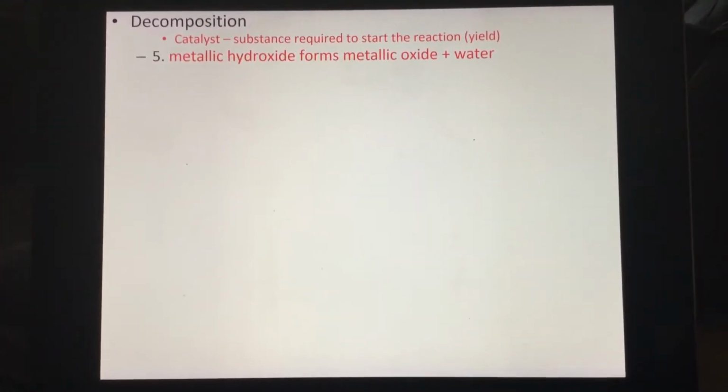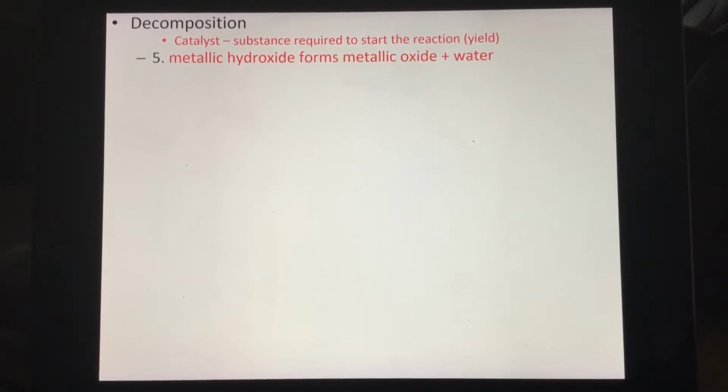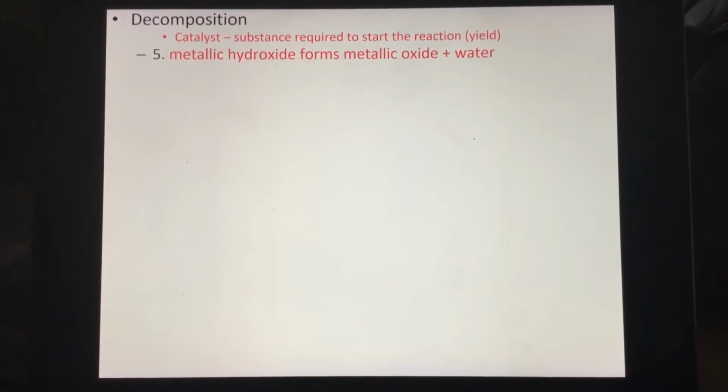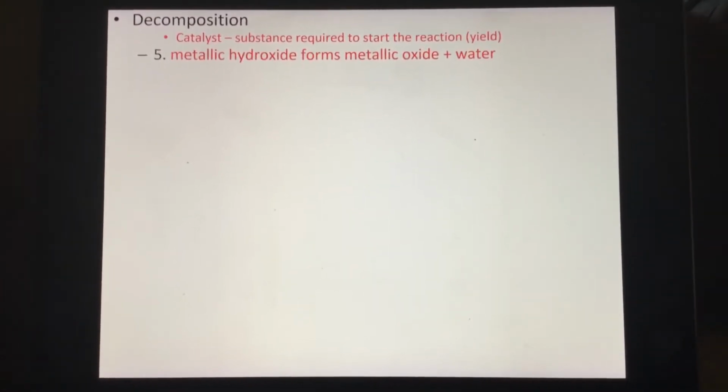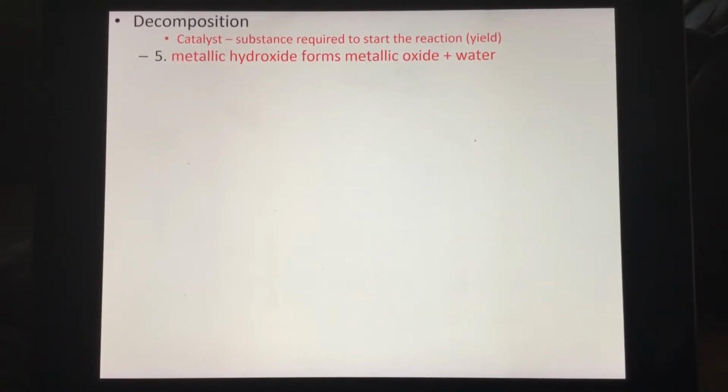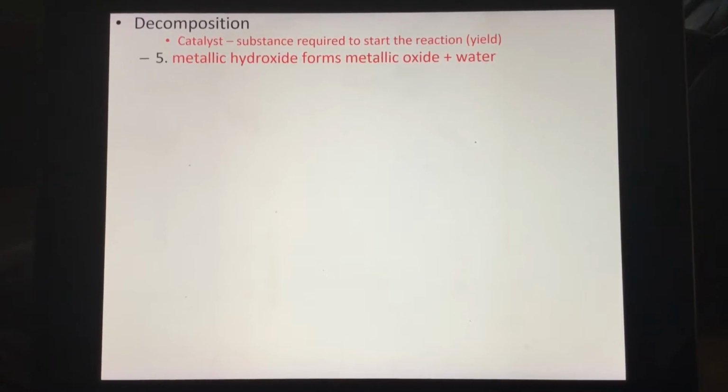So our first decomposition reaction is, this may look familiar, it's kind of the opposite of that second synthesis reaction that we talked about yesterday in your notes. And this is where we take a metallic hydroxide and decompose it to form a metallic oxide and water.